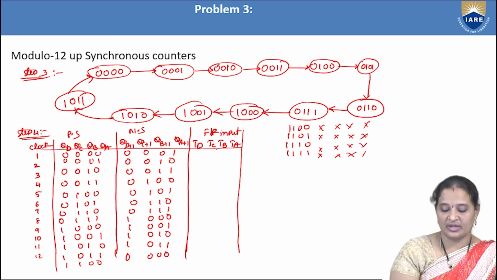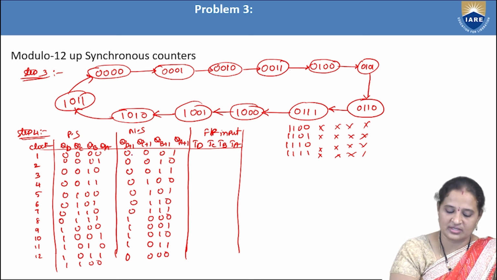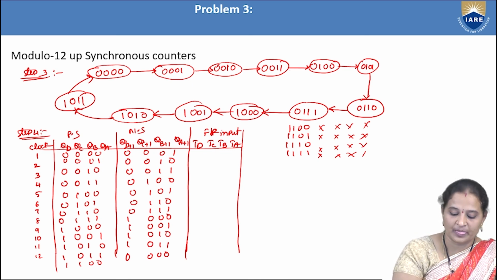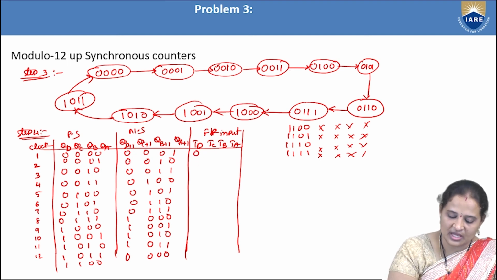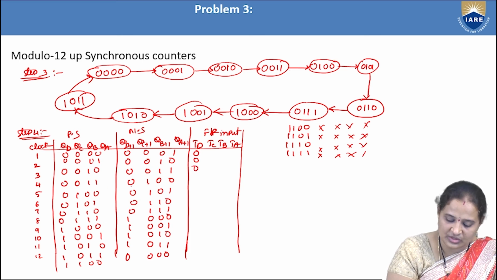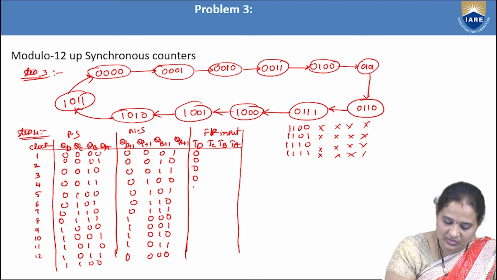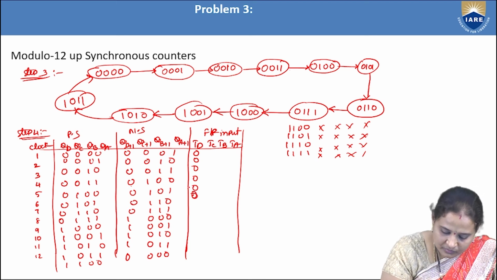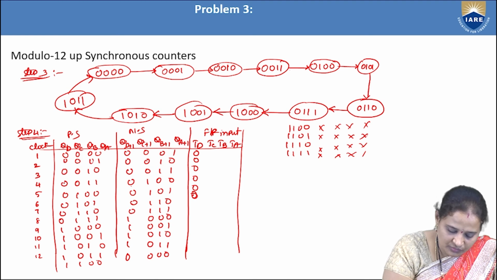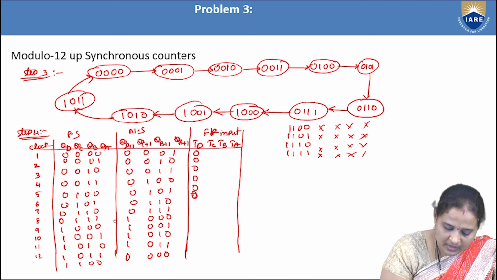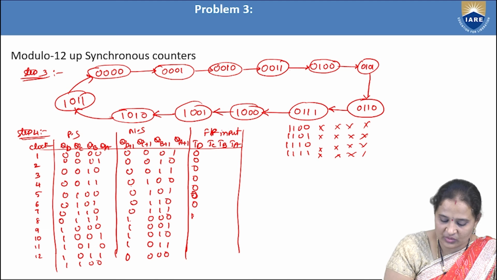Now, according to the excitation table, we get the excitation table for the counter here. So for present state 0000, next state 0001, the T inputs are 0001. Next, where the bit is complemented, the T input is 1, and where there is no change, it is 0. Next, for a 1 to 0 transition, it is 1.